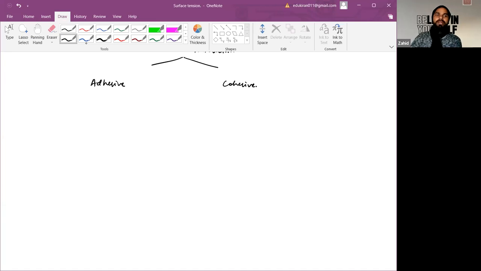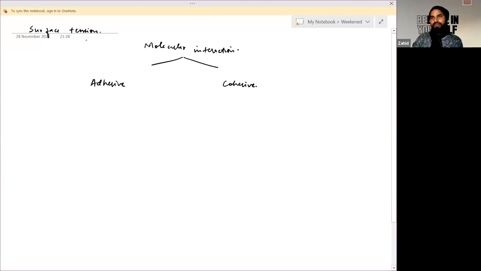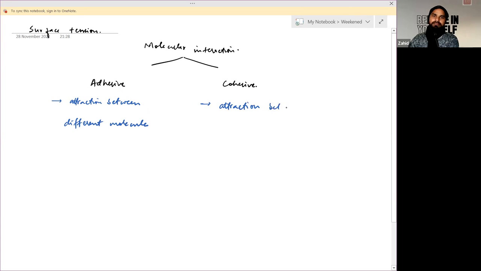Adhesive means attraction between different particles or different molecules. But cohesive means attraction between similar particles. Is it clear?